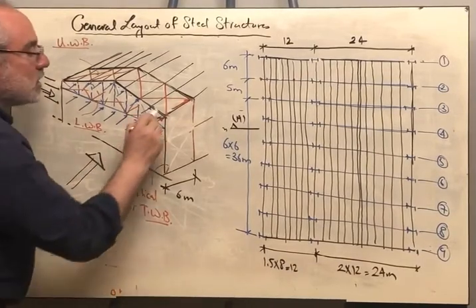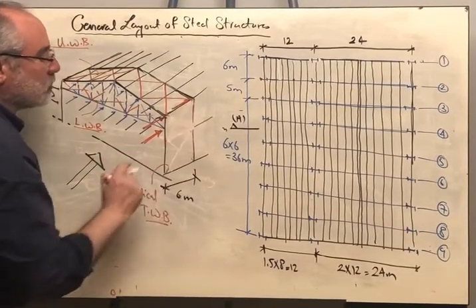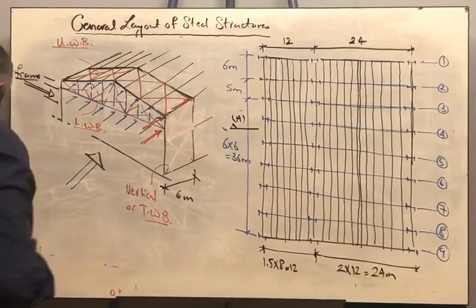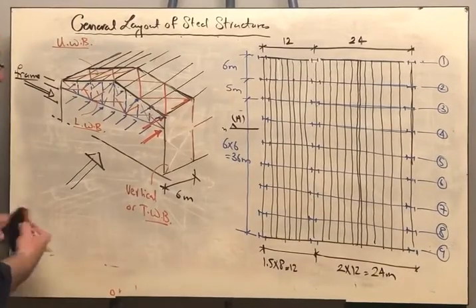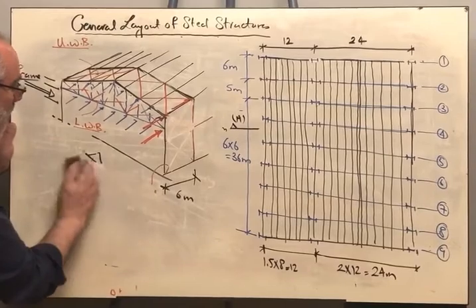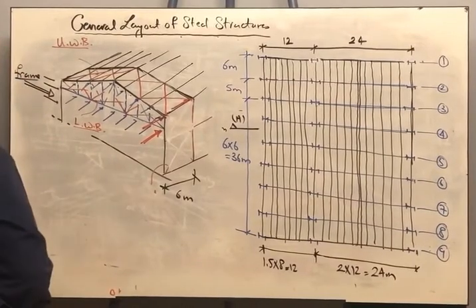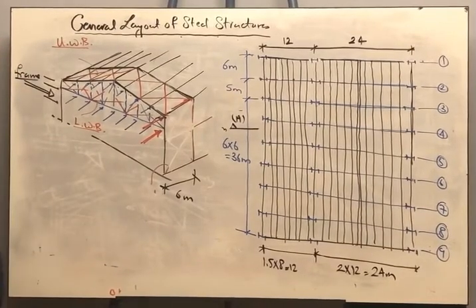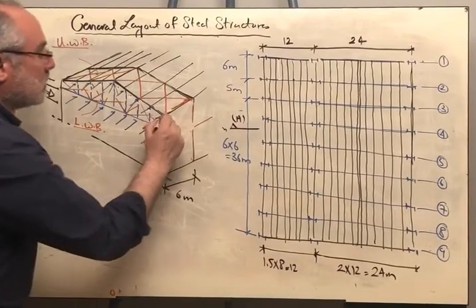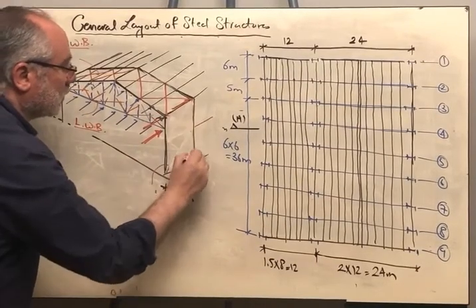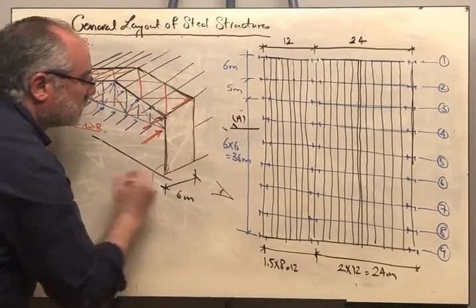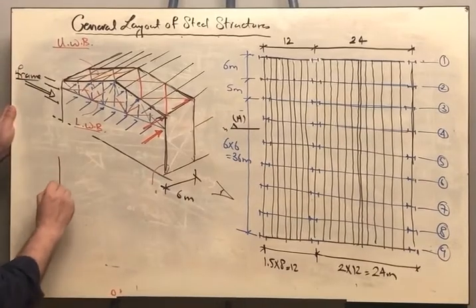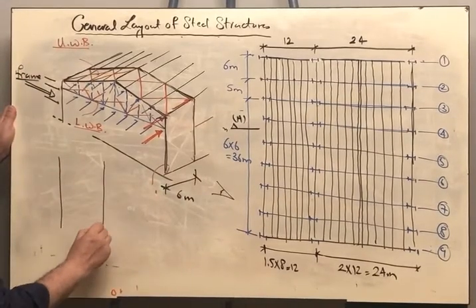When I'm going to select the system of the transversal bracing, now let me look in this direction like that. Okay, I will see a column and a column.